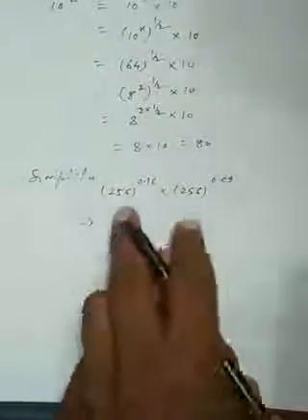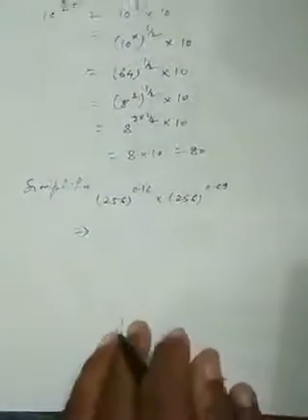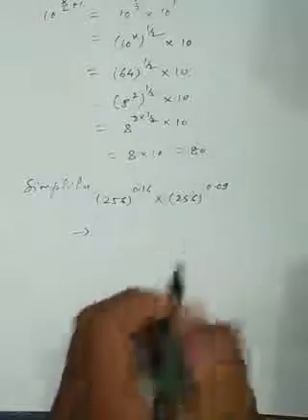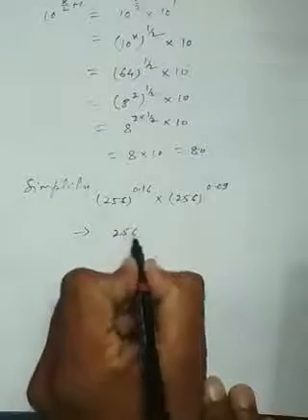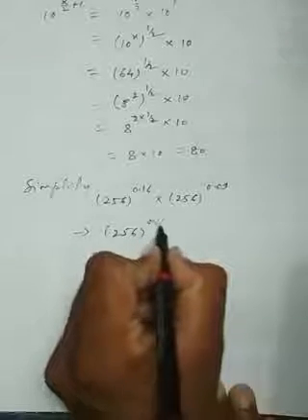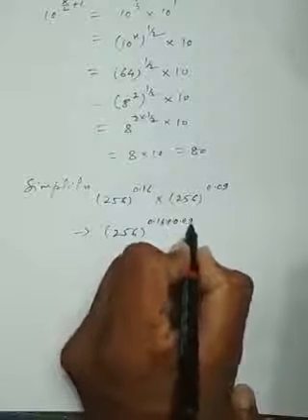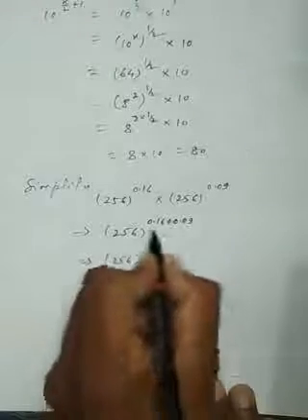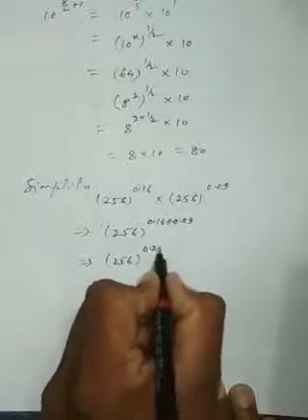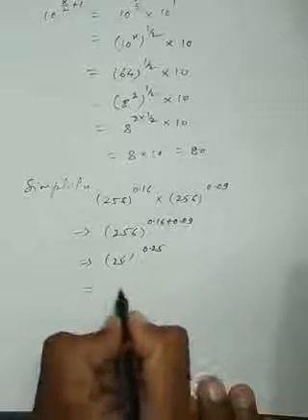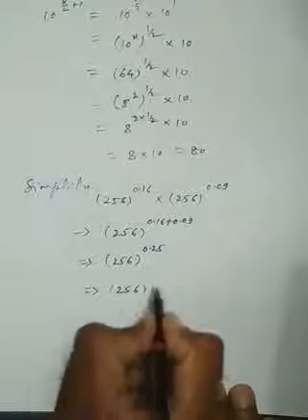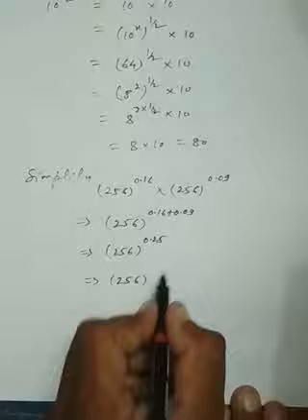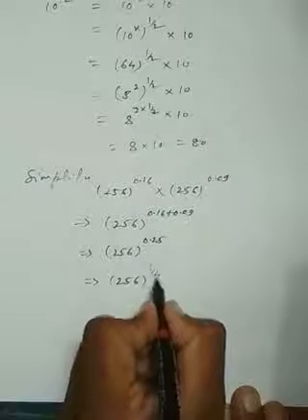Here bases are the same, and in multiplication powers should be added. So 256 to the power 0.16 plus 0.09. The sum is 0.25, and 256 to the power 0.25 is equivalent to 1 by 4.